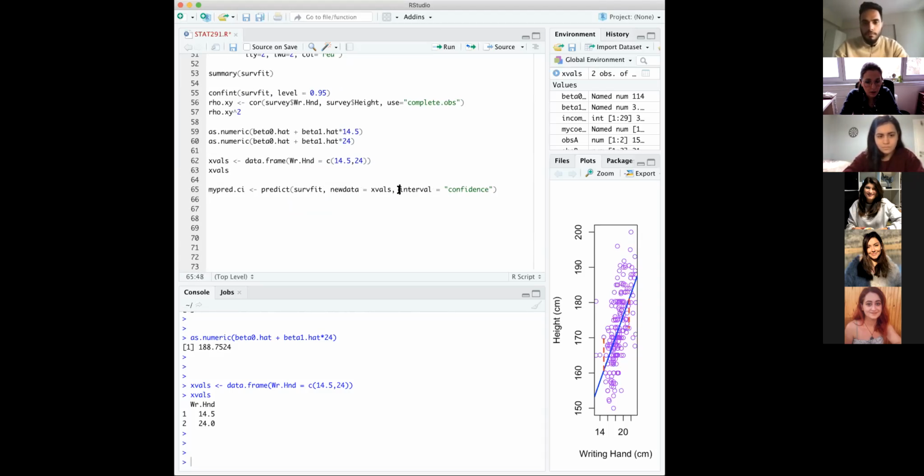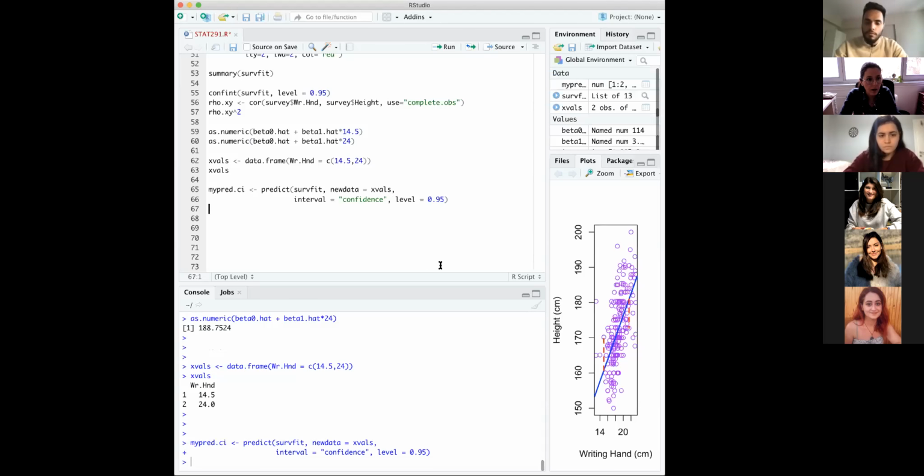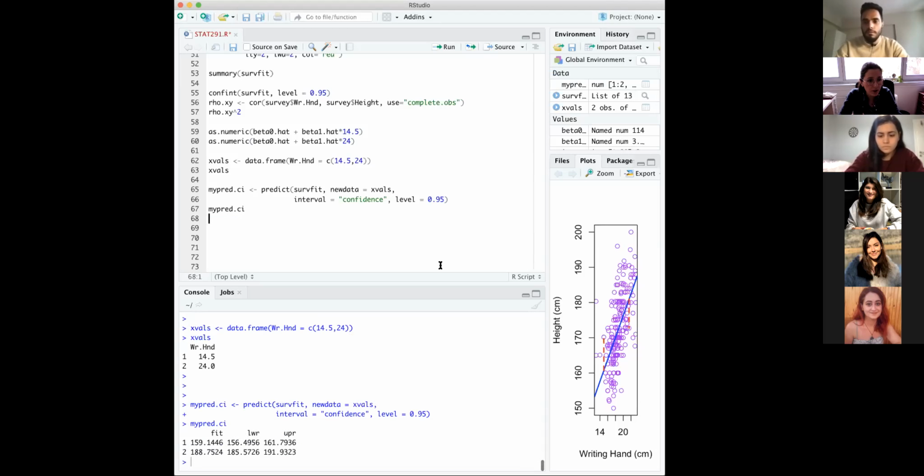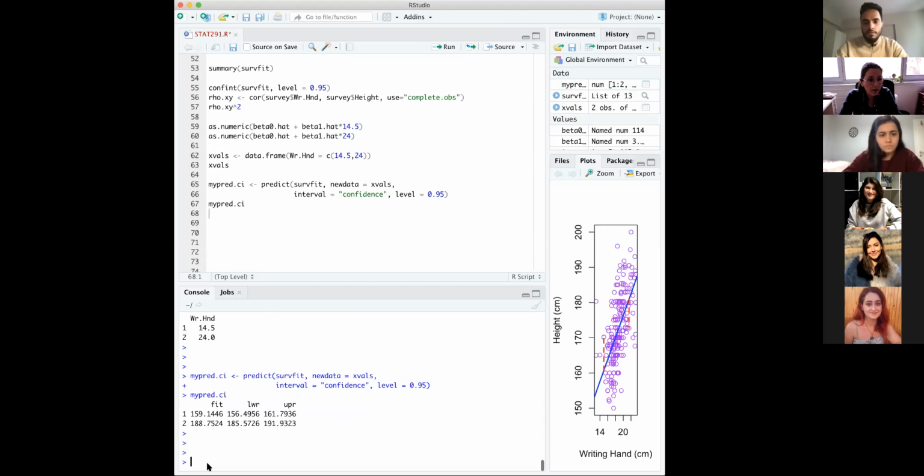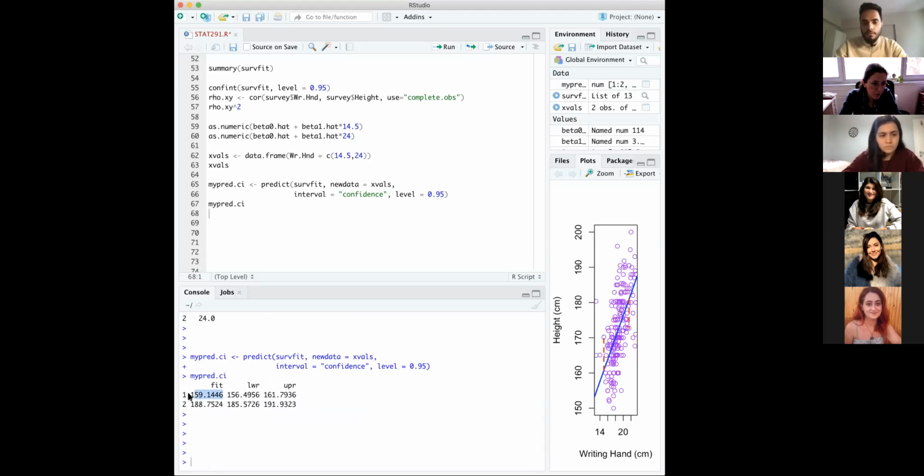Let's see. And also your level is 0.95. And by using this function, the prediction function, you are able to find your true predictions. You remember we already found them before. This is maybe an easy way.